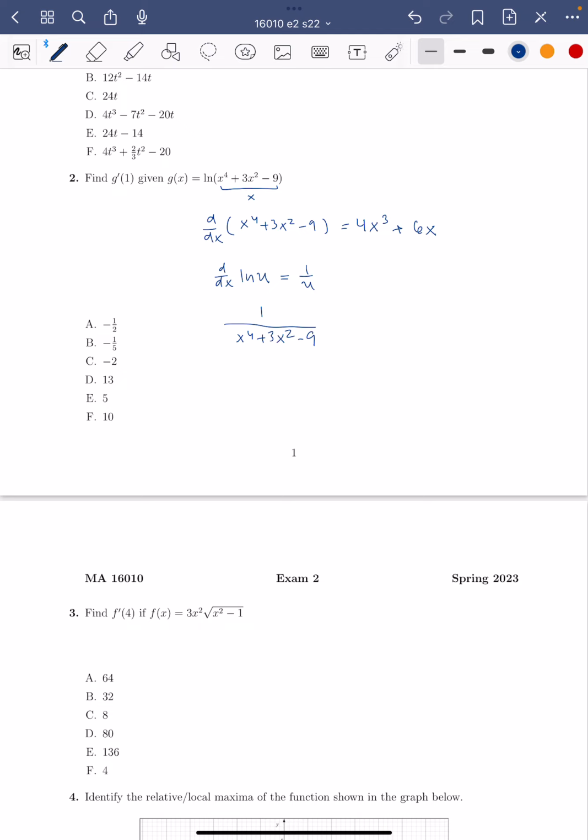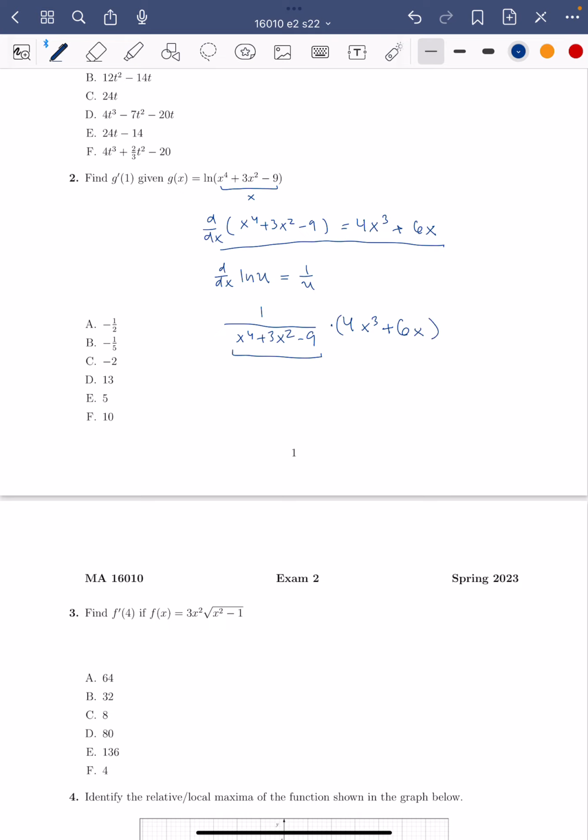You might ask, why did we find the derivative in the first step? Well, we need to use chain rule, so we multiply this by the derivative we found earlier. It would be 1 over x to the fourth plus 3x squared minus 9, times 4x cubed plus 6x.